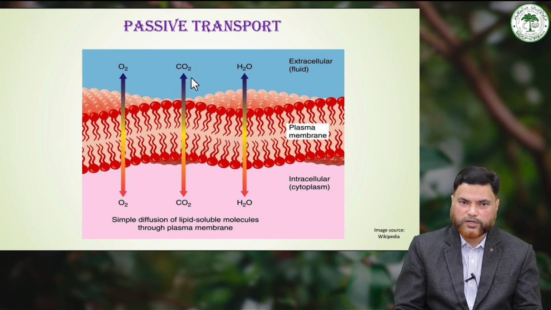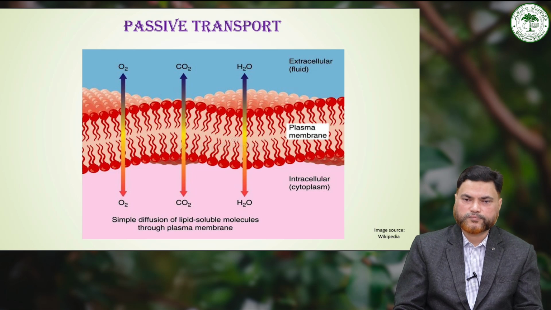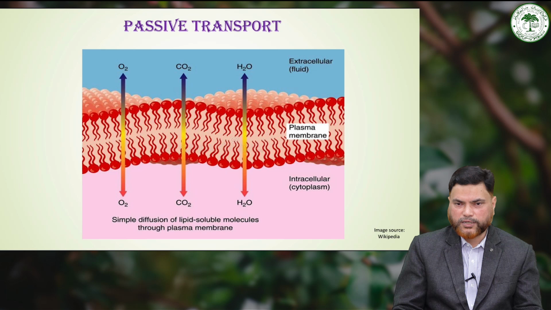Movement of water, carbon dioxide and oxygen could occur along the concentration gradient. But the rate of diffusion across the lipid bilayer depends upon various factors, namely the concentration gradient, and the hydrophobicity and size of the solute moving across the plasma membrane. So, these factors determine how various solutes move across the plasma membrane by simple diffusion. Generally, simple diffusion through the lipid bilayer is not selective.